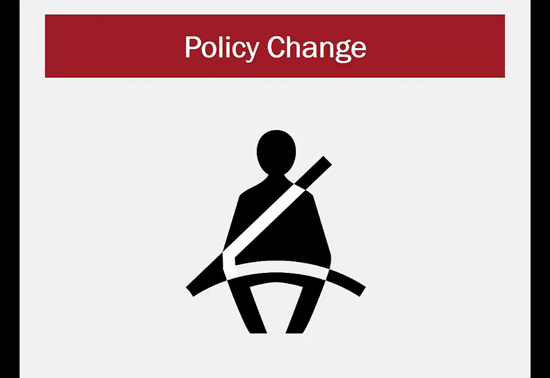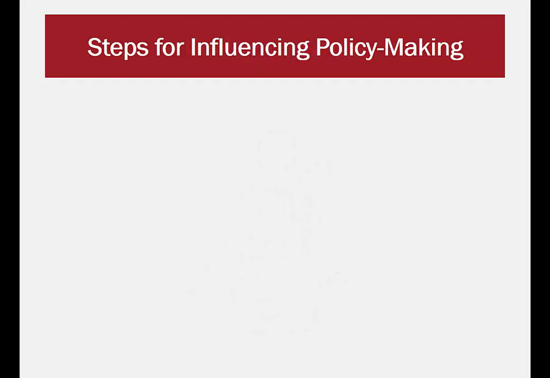Injury prevention practitioners interested in policy change must continually assess the social and political landscape for opportunities to make a positive difference in communities. Injury prevention practitioners must consider several factors that will impact the policy decision-making process.